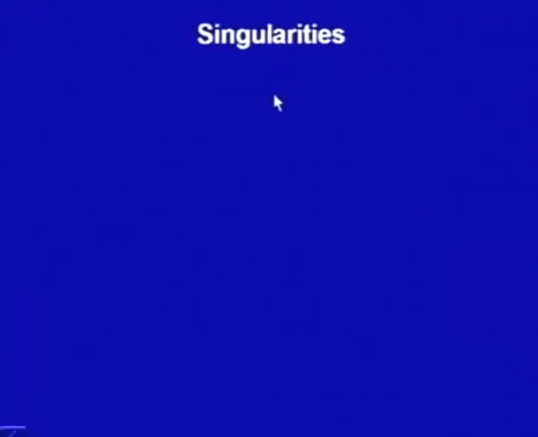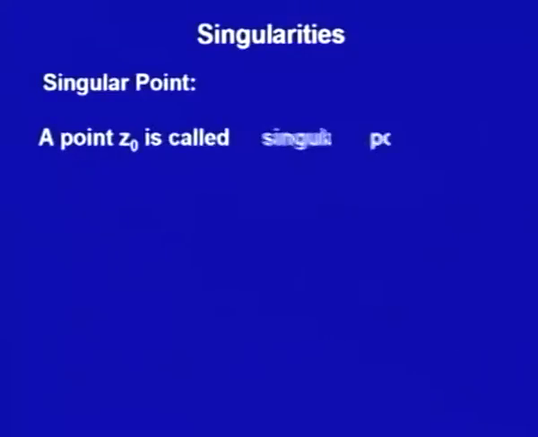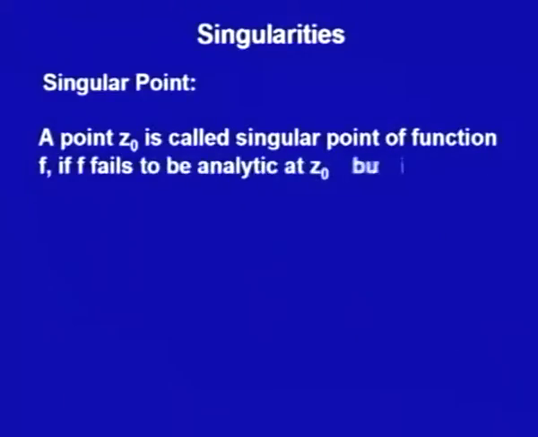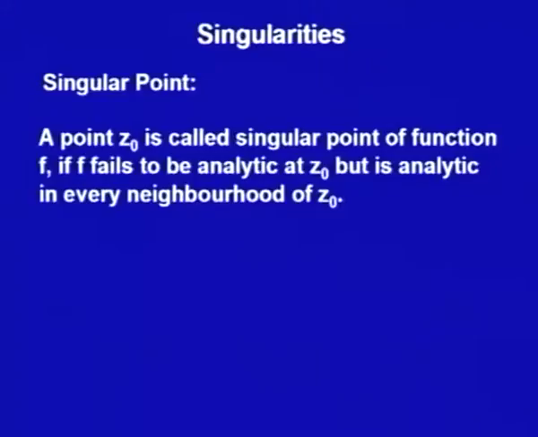Now, come to the other term called singularities. Singularities are also known as singular points. A point z naught is called a singular point of function f if f fails to be analytic at z naught, but is analytic in every neighborhood of z naught.